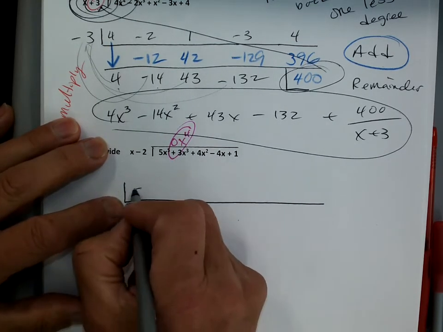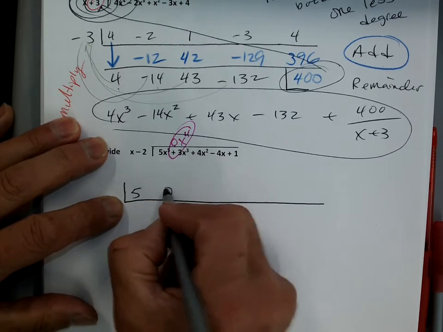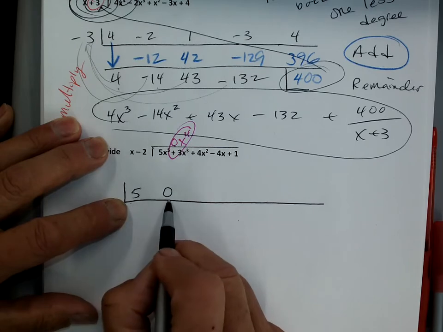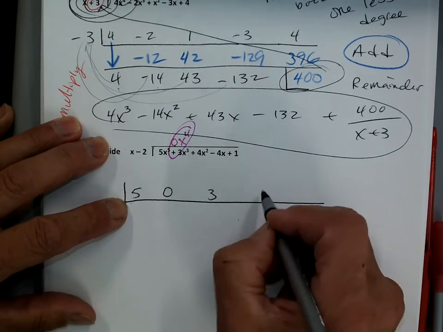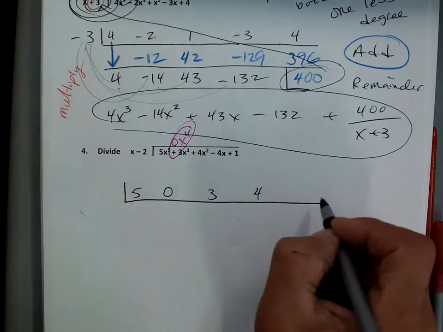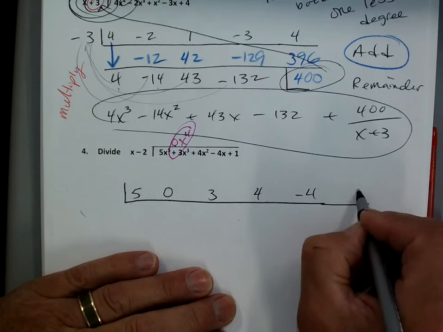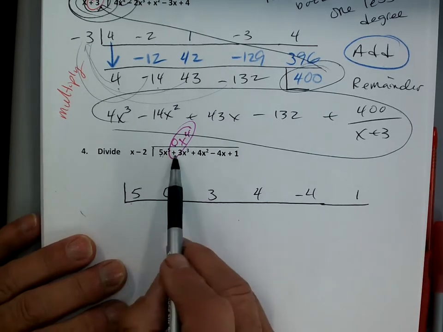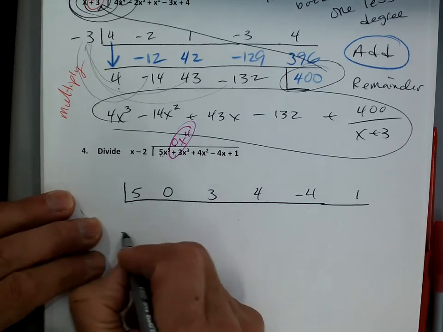So we're going to go 5 for 5x to the 5th. We're going to go 0. Don't forget, we got to have the 0 because we need a spot for the x to the 4th. Then 3 for the 3x cubed plus the 4 for 4x squared minus 4 and then 1. Okay, so we just put in the numbers. The x's are invisible. Put our adder line.